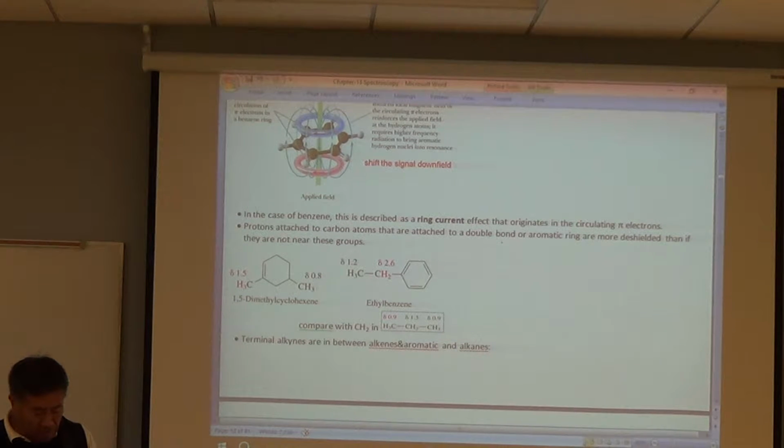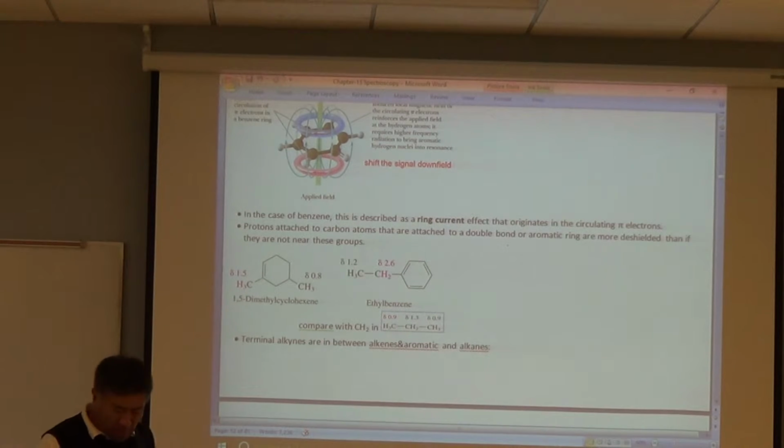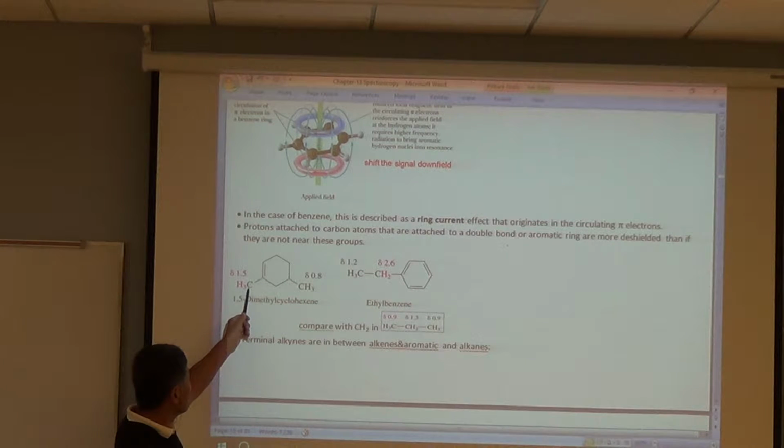Now you compare these few effects, and even for those nearby, they are not really on the ring or on the double bond, and you still have a similar effect. So for example, we have two methyls here, one methyl nearby the double bond.